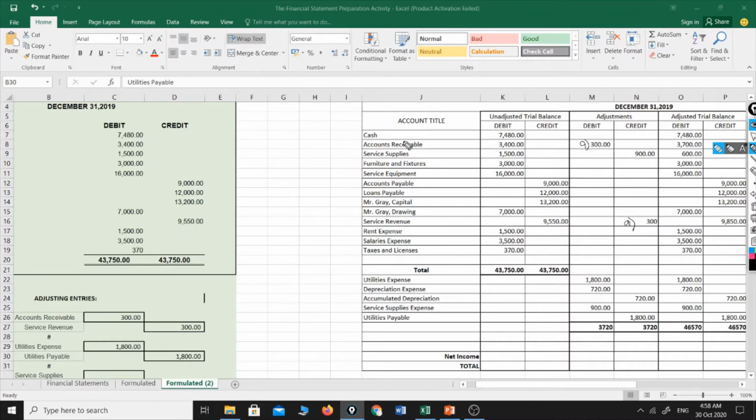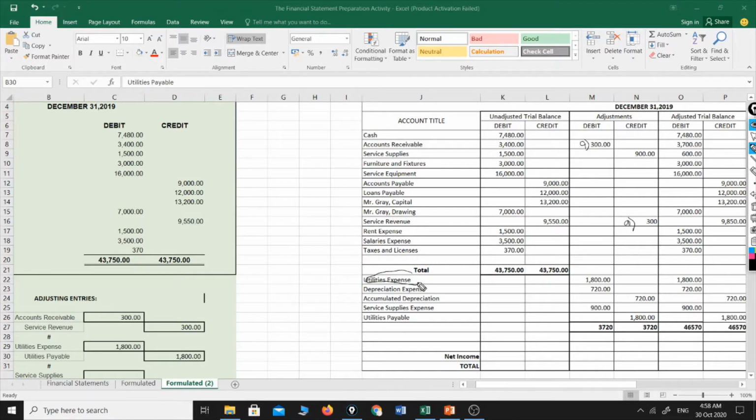So guys, if on our adjusting entries an account is not yet recorded on our unadjusted trial balance, we will just add that particular account title to the lower part. So for example, the utilities expense. It was not in our first recording of account titles for the unadjusted trial balance. So we will just add that particular account title here.